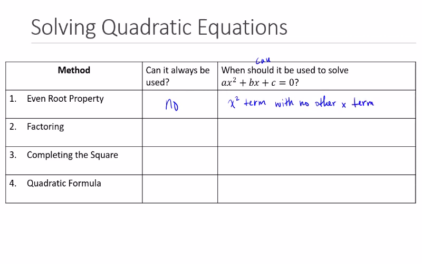So you could have 2 x squared terms because you can combine them into 1, but you won't have an x to the first term, right? You won't have another x term. Okay, and so if you have that situation, even root property is pretty easy, right? Maybe one of the more intuitive ways, because you can just isolate the variable and take the square root of both sides. Don't forget on this one though, don't forget the plus or minus.